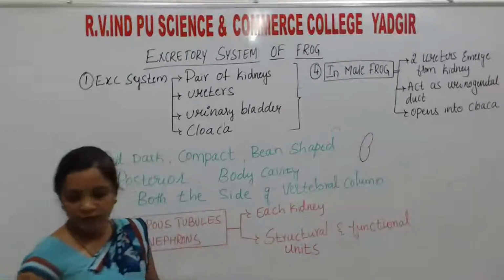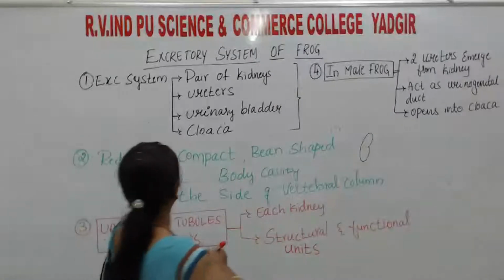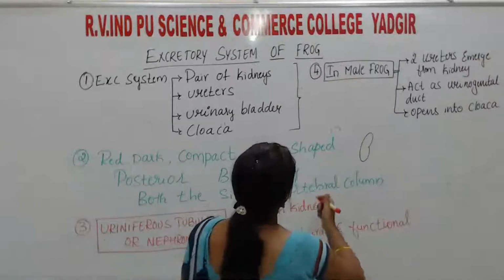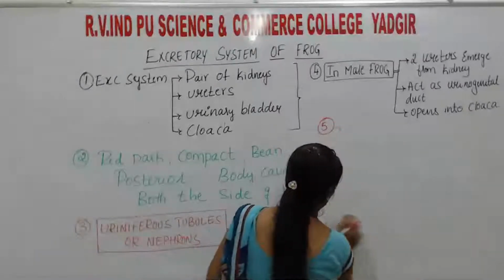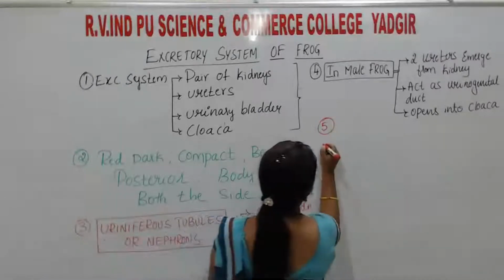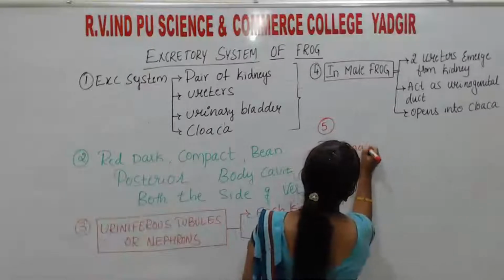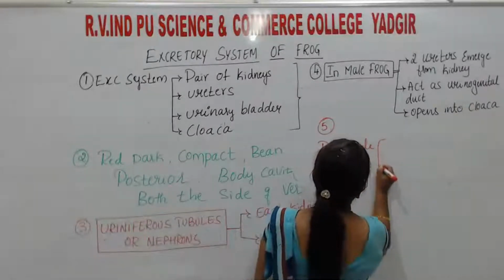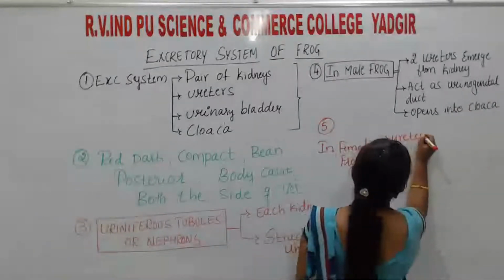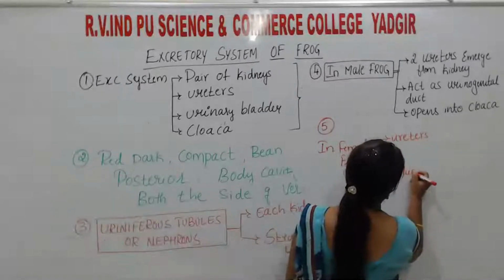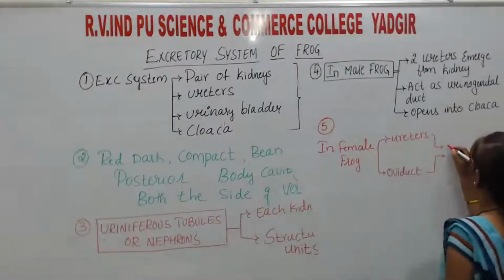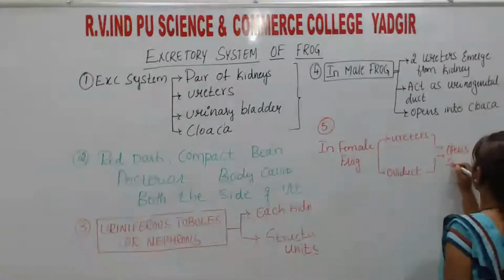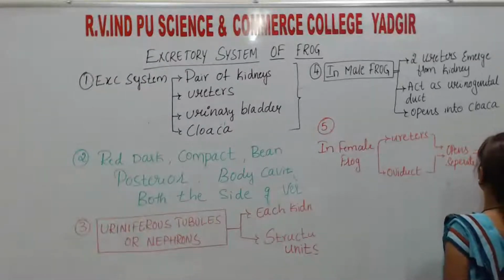Now, in case of female frog, the ureters and the fallopian tube, that is the oviduct, open separately into the cloaca.